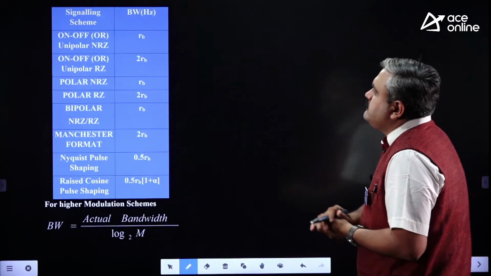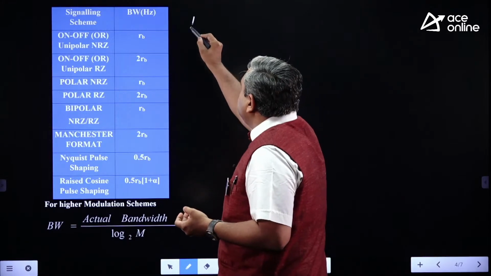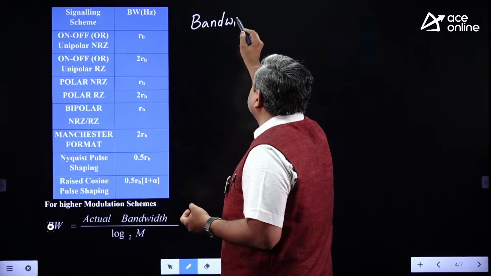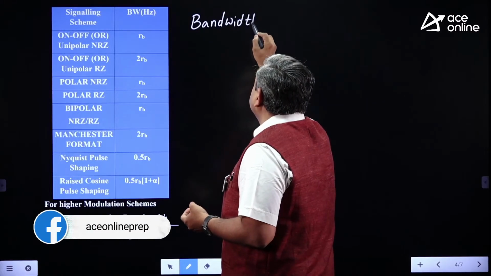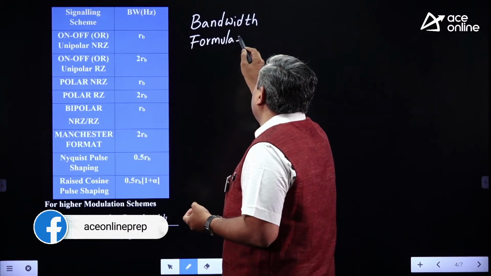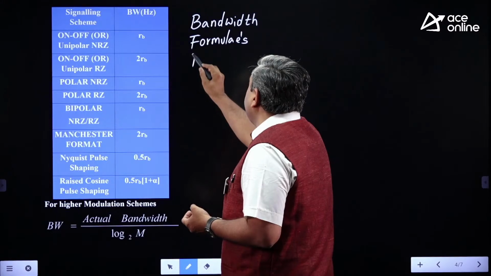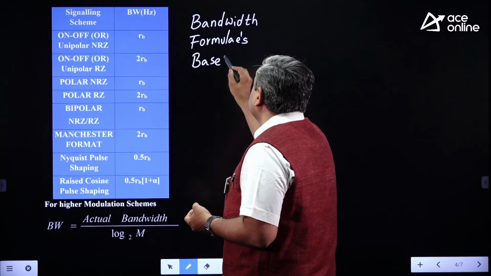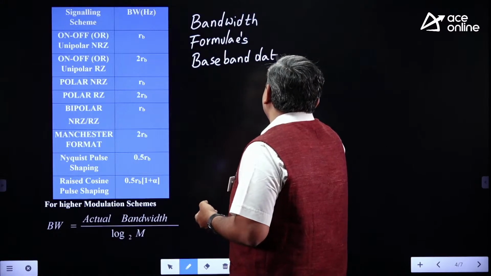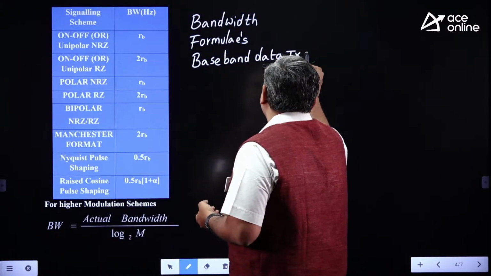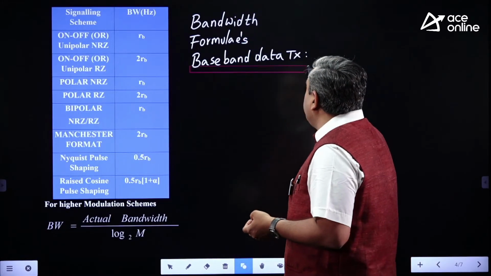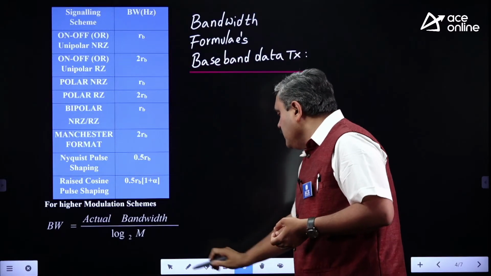Before going to the next question, this is a bandwidth table, or I can say bandwidth formulas. It's for your reference, for baseband data transmission cases. So this is a formula which you can use for baseband data transmission cases.